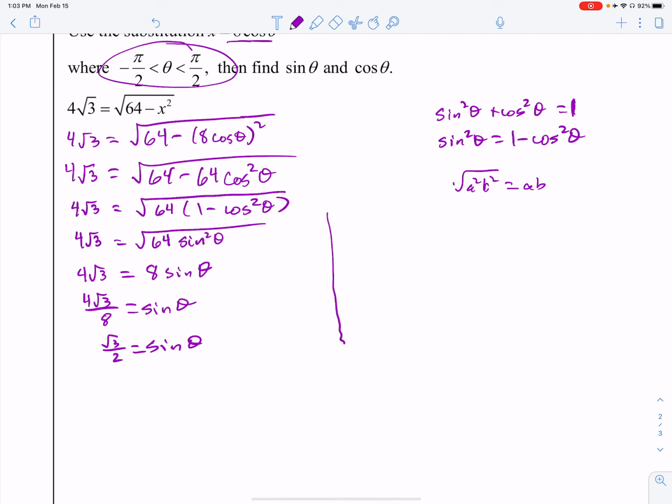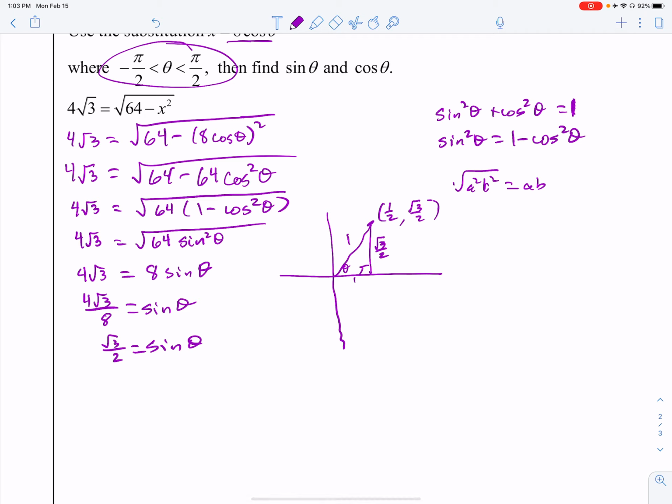So if I think about triangles in this case, if it's quadrant 1, if theta is between 0 and pi halves, then this y value would be root 3 over 2. That's one of those on the unit circle that we know. We know that then the x would be 1/2, and theta would be a 60-degree or pi thirds reference angle.